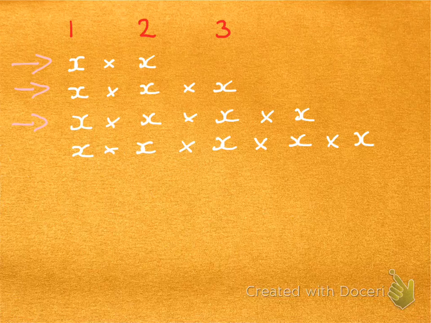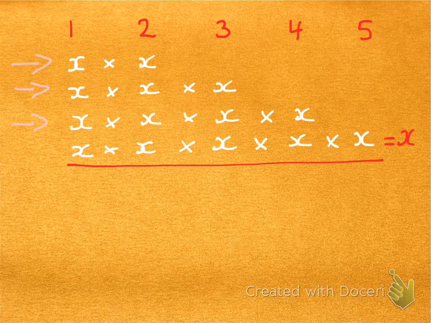We'll make a table basically, and I have some columns. Rather than writing this out all the time, I can come up with a sort of code, and the code was that it would be x, because x is being multiplied over and over again here. And what column is it in? Well, it's in the 5th column, and that's where we get things like x squared, x cubed, and x to the power of 4.